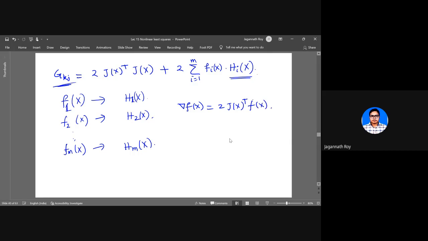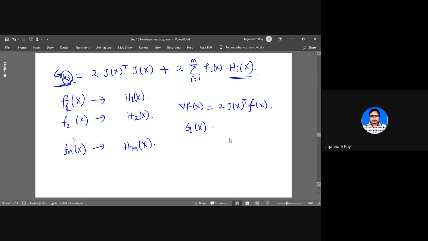Then since this is the kj term, if you write it in matrix form, we call it g of x.